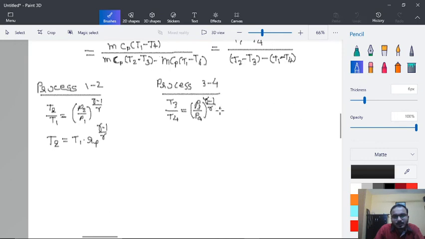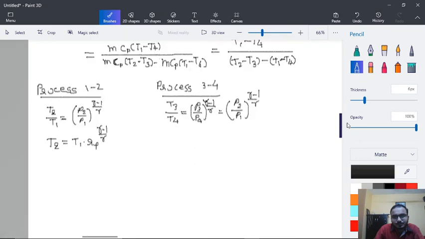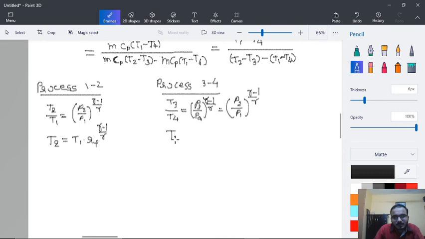If you see the figure, P2 is equal to P3 and P4 is equal to P1. So here T3 will be equal to T4 into Rp raised to gamma minus 1 over gamma. So we can put this here.